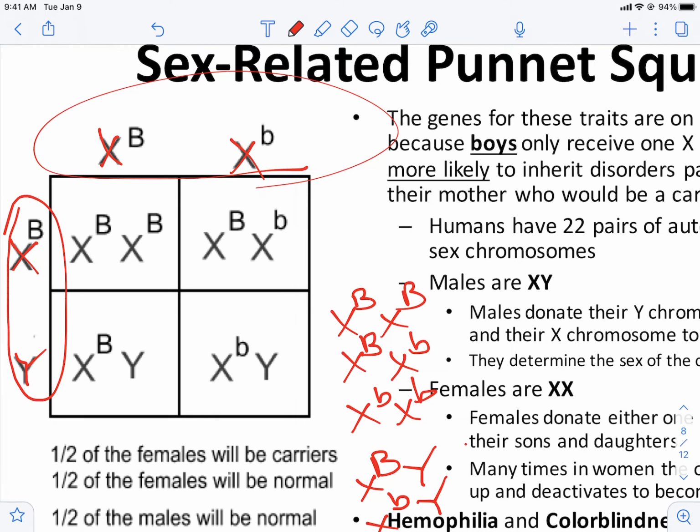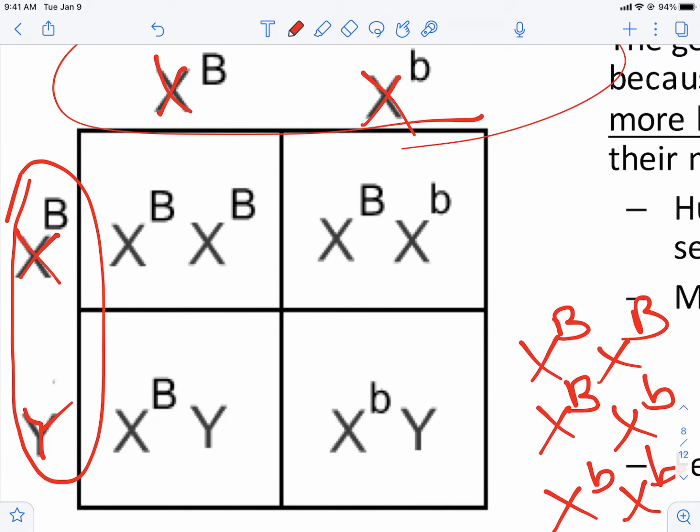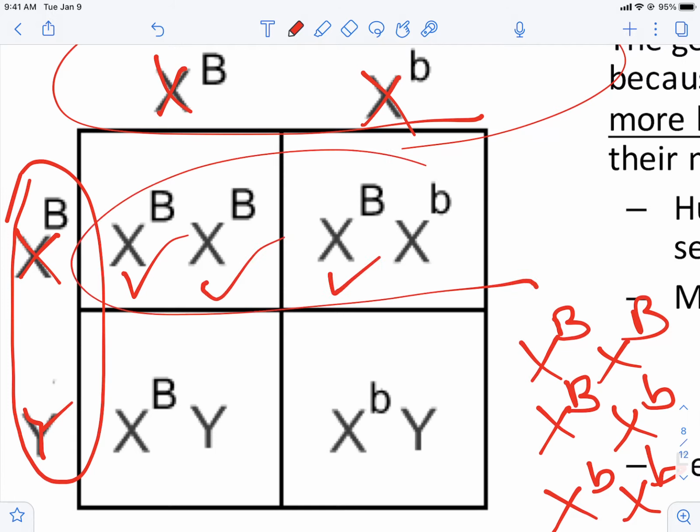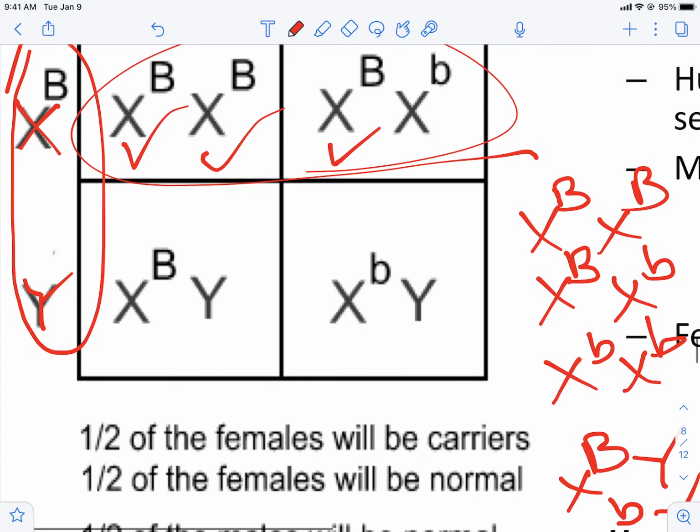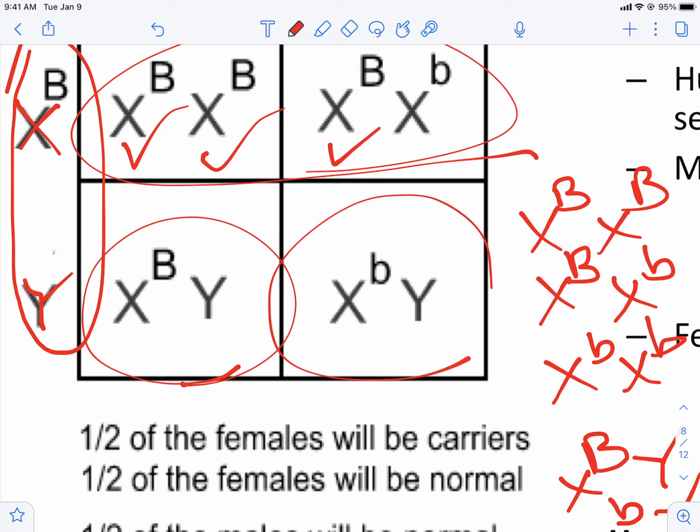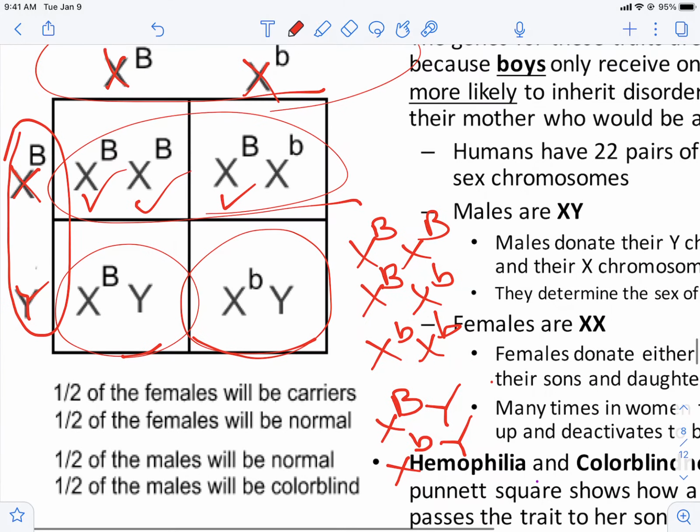And among those females, all of them are going to have at least one dominant allele. This one's got two, this one's got one. So they will exhibit the dominant trait. Check, check. For the male, it's a 50-50 split. The dominant trait is here, but there's a 25% chance among all kid possibilities that they're going to have a male who's recessive. So they will not have a recessive female, but they will have a recessive male.